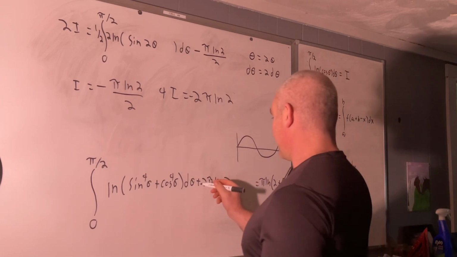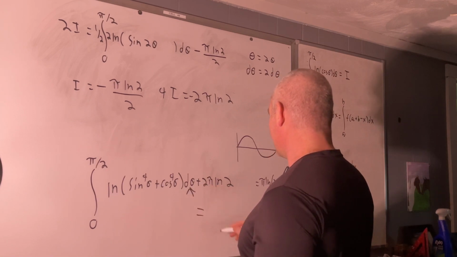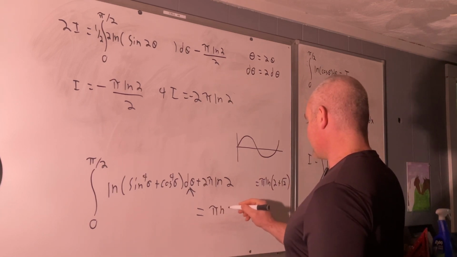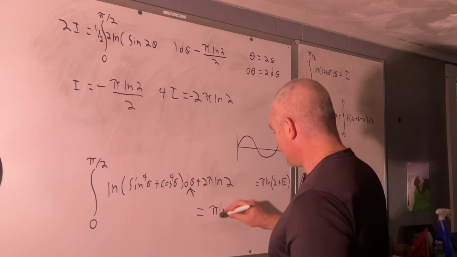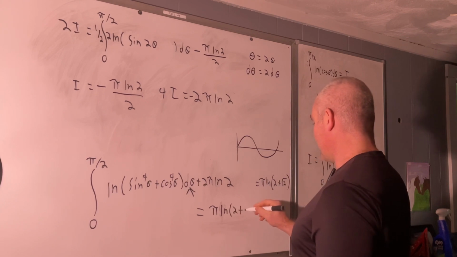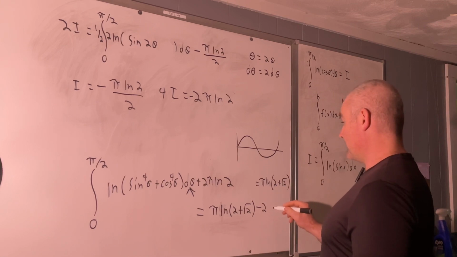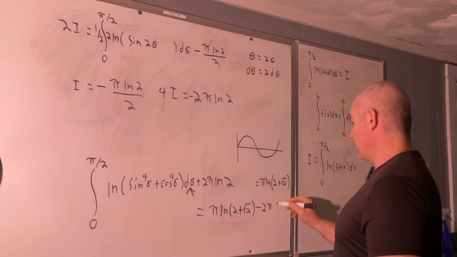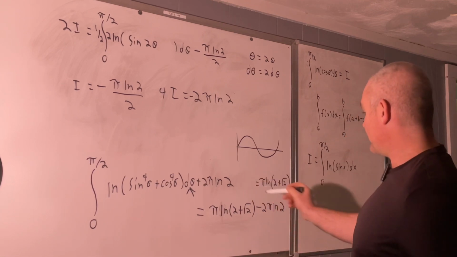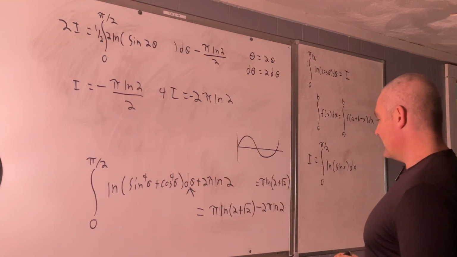That means this whole thing right here is equal to pi natural log of 2 plus the square root of 2 minus 2 pi natural log 2, right? Yep. This minus this is equal to this. Okay. So what can we do?